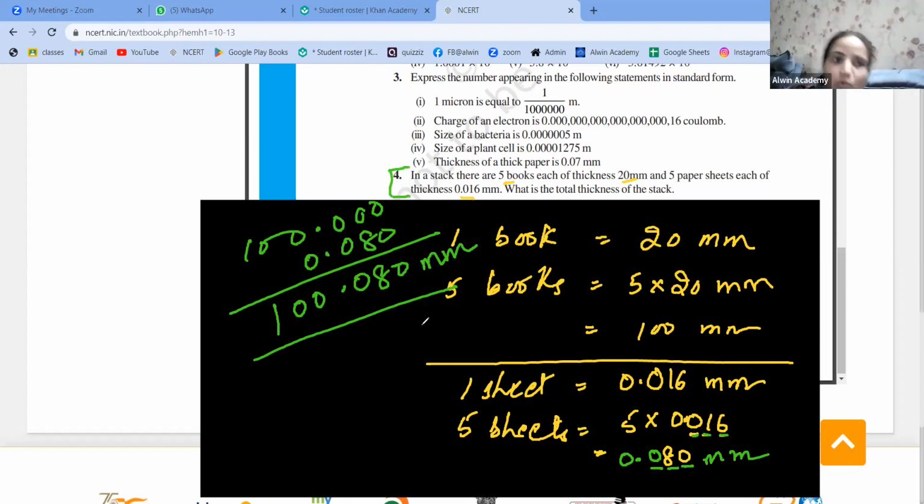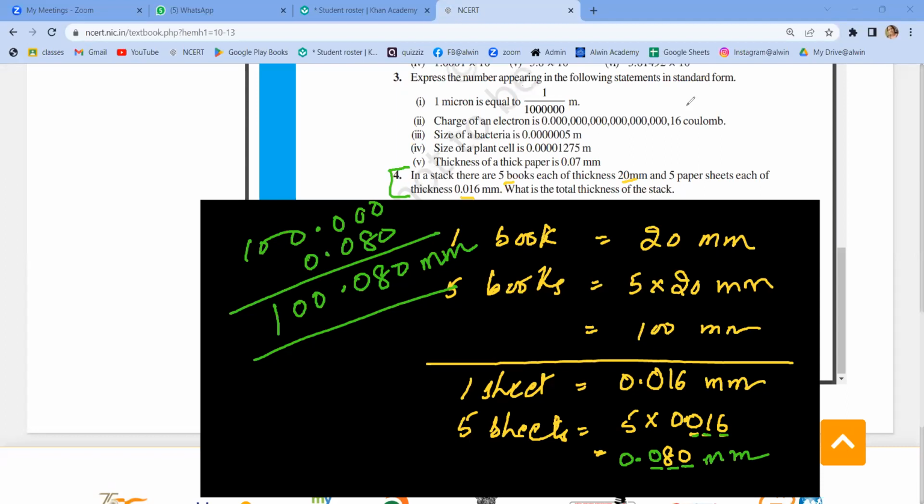But because this question is from the exercise where you are changing every number to the standard form, you have to give this in the standard form only. And how will you change this? Shrikant, you tell me how to change this into standard form. Quickly tell me. Ma'am, 10 power 5.